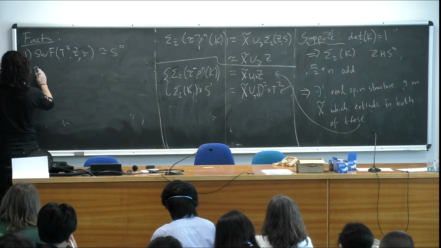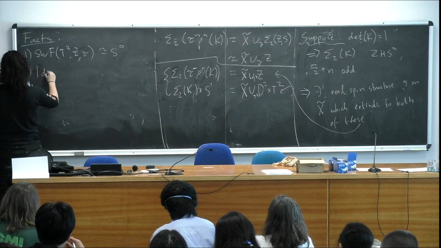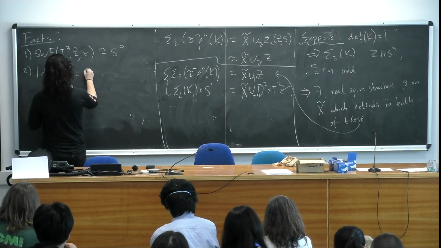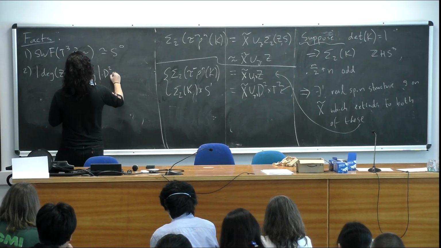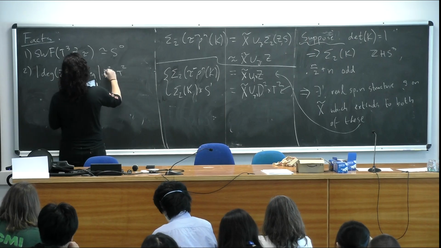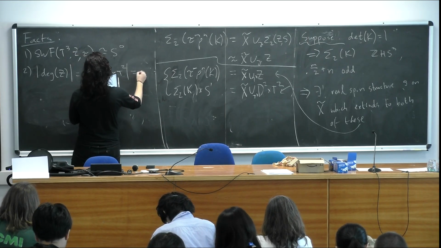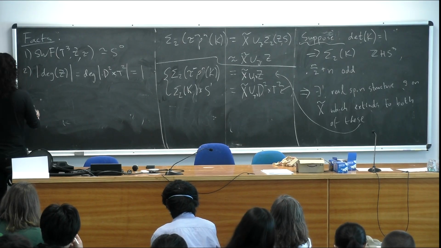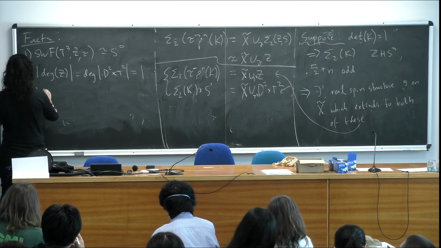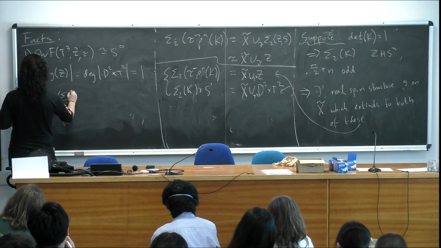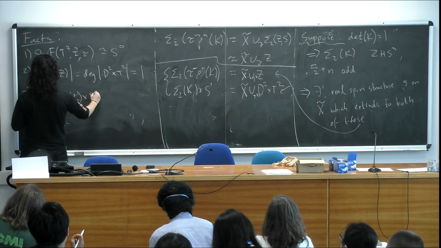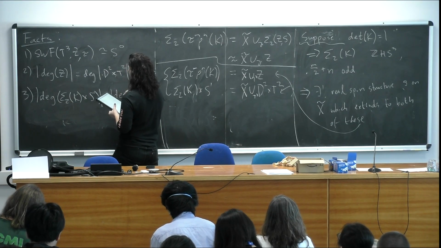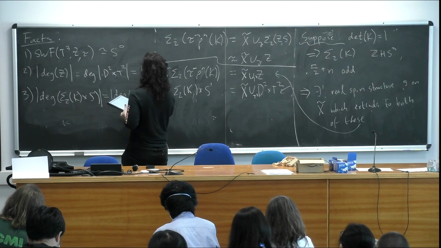Secondly, the degree invariants of both those pieces, Z and D2 times T2, and I'm suppressing spin structures and involutions, but they are lurking in the background, are both equal to 1. And then finally, the degree invariant of the double branch cover of K times S1 is equal to the absolute value of the degree invariant of the double branch cover of K.